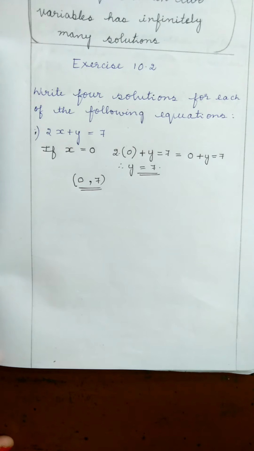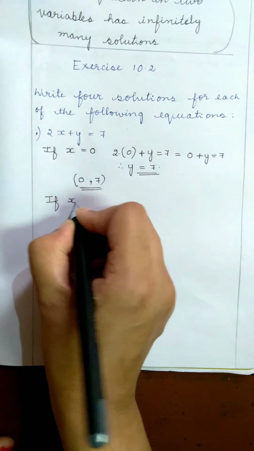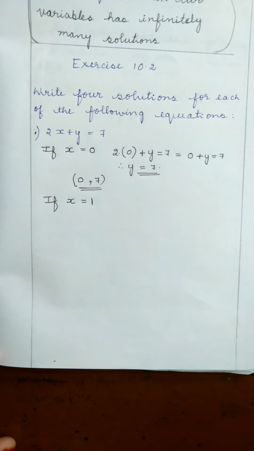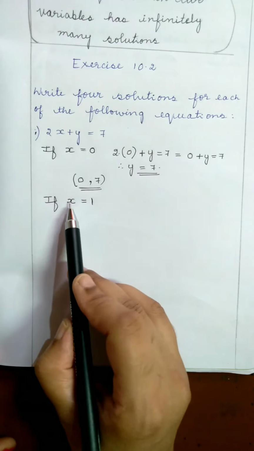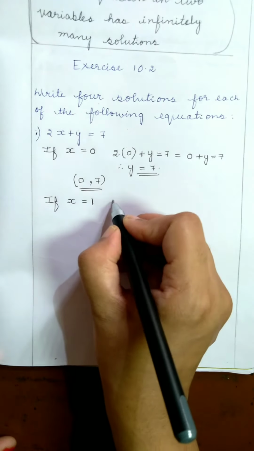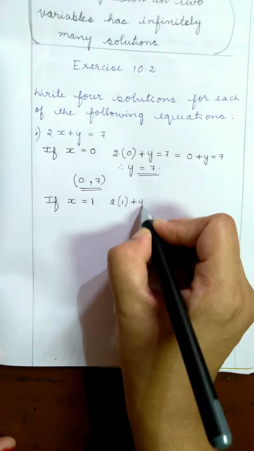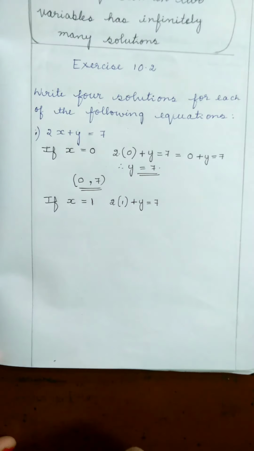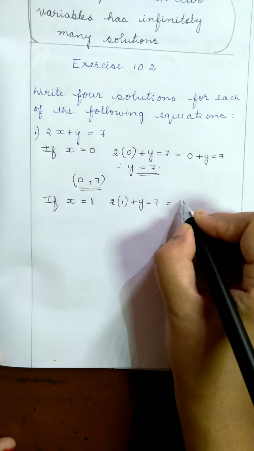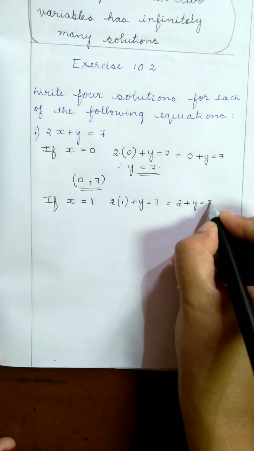Therefore, x value is equal to 0 and y value is equal to 7 when you put x equal to 0. Now again, let us put values for x. Let us consider the value of x equal to 1. You can take any value. Substituting in this equation, 2 into 1 plus y equal to 7. Next step, 2 into 1 is 2, plus y equal to 7.